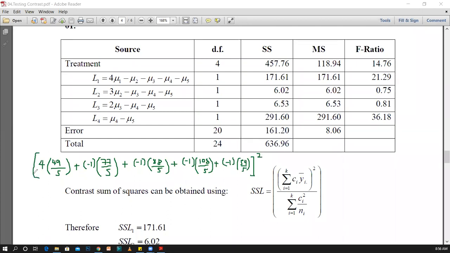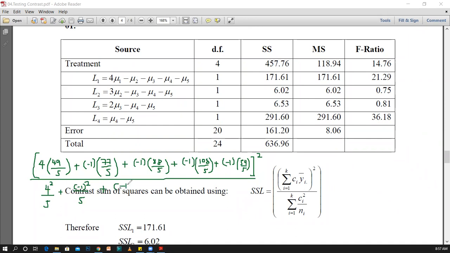And this complete part has to be divided by the summation of ci square divided by ni. The summation of ci square is: the first one is 4 squared divided by 5, then plus -1 squared divided by 5, because the sample sizes are the same.